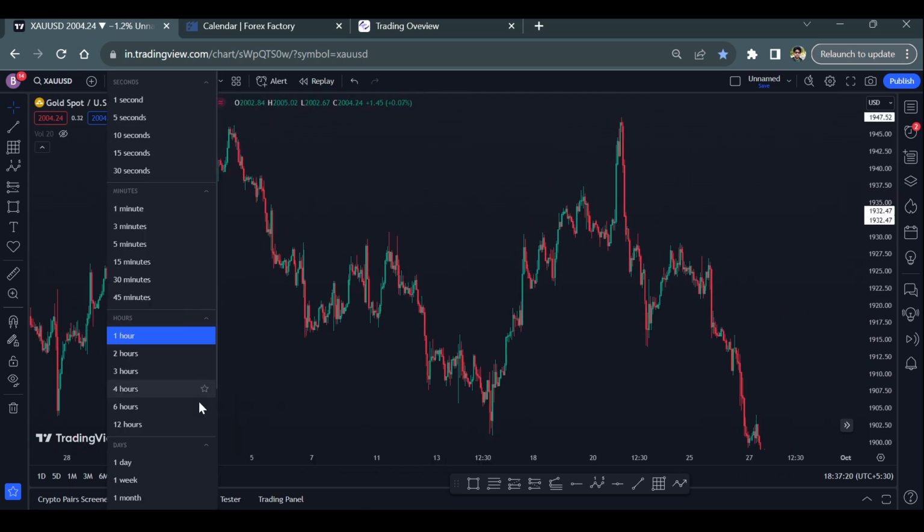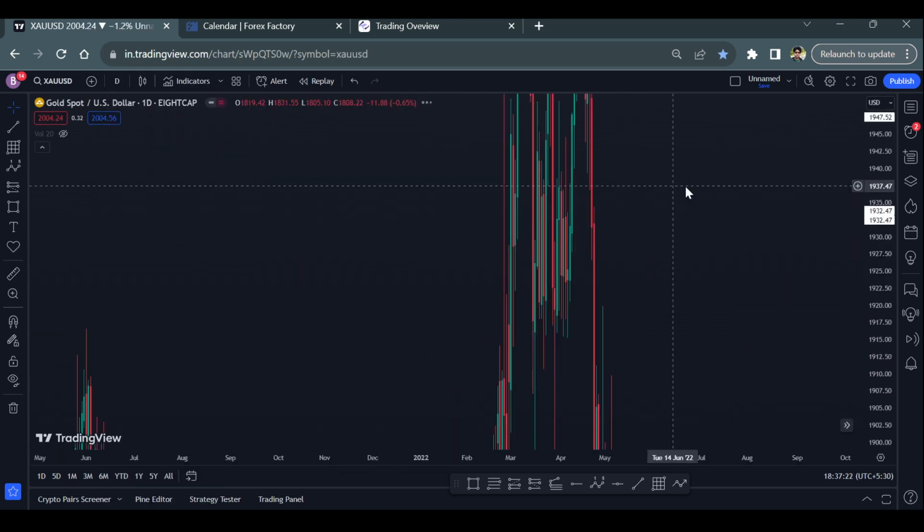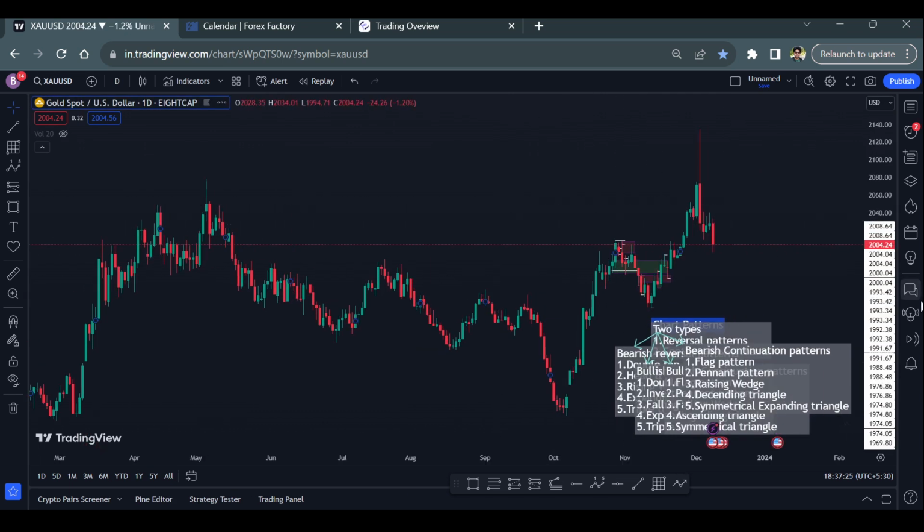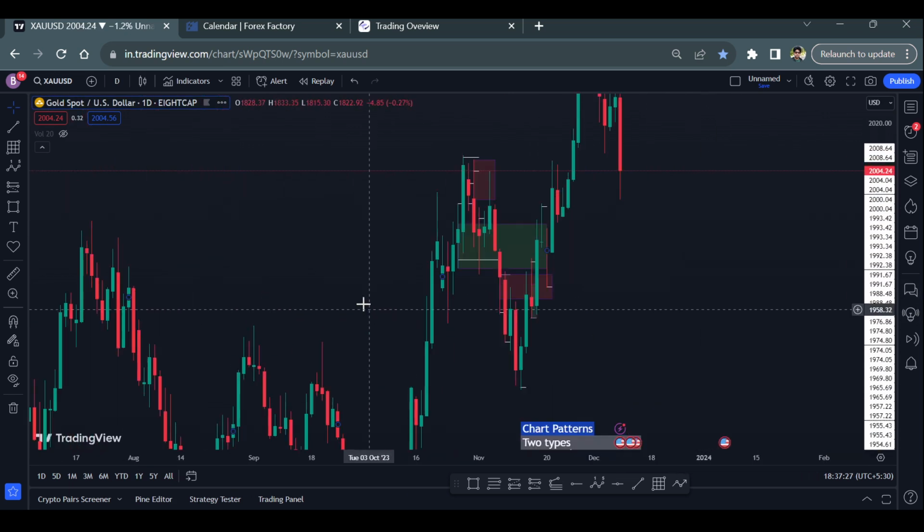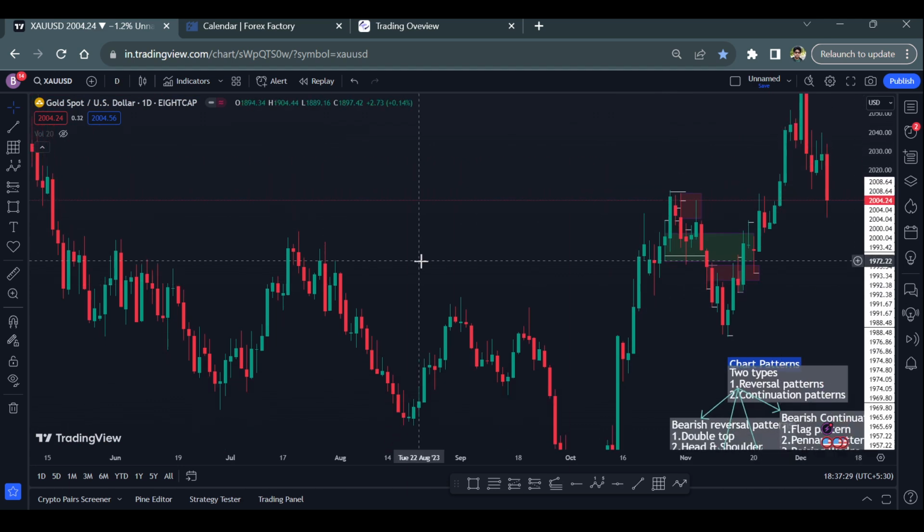So let's see in a higher time frame. In a higher time frame, it will be very good.